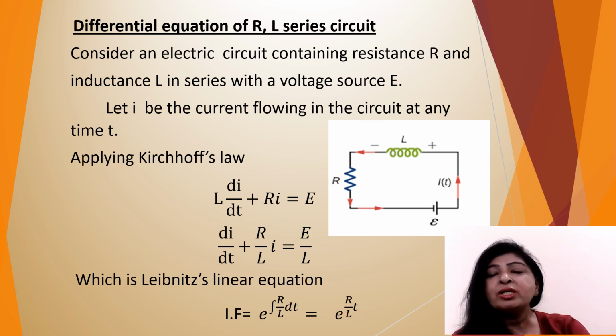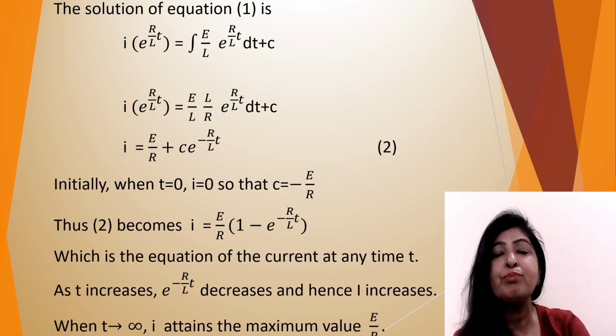So its solution is given by I times the integrating factor is equal to E by L integral e raised to R by L t dt plus C. This is the standard solution corresponding to the Leibniz linear equation.